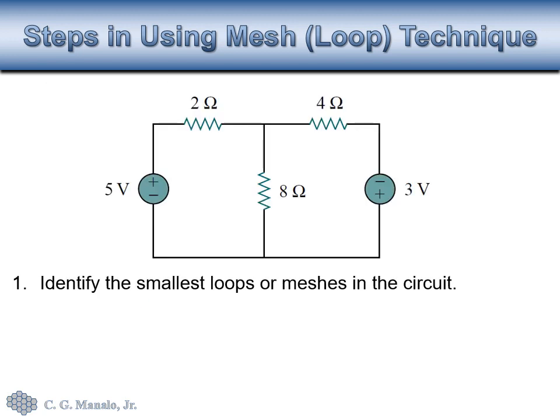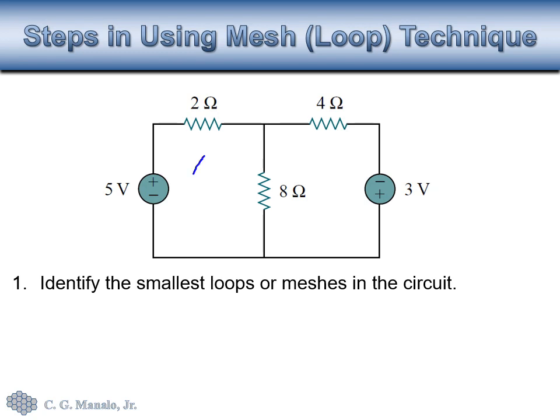The first step in using the mesh technique is to identify the small loops in the network. So let's say this is our circuit, and we can see that there are two small loops.